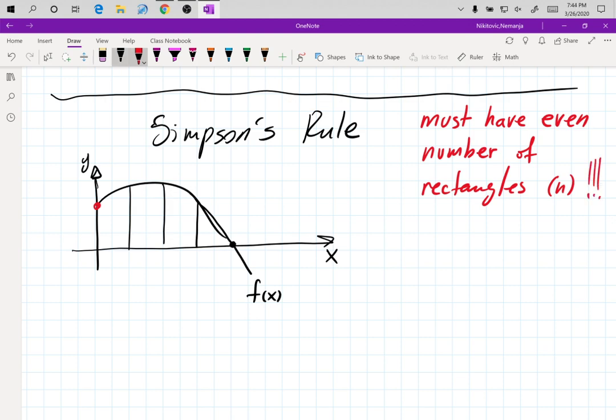You will see the pattern now. So what you do, we are not going to derive it, but at least I can explain a little bit. What you do is you pick first two rectangles and you fit a quadratic curve through the 3 points that you have.